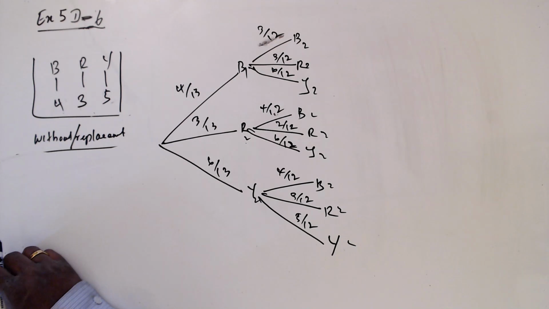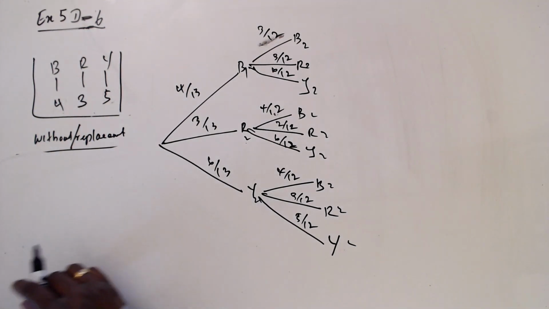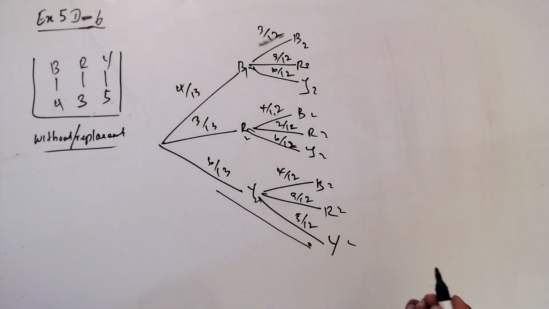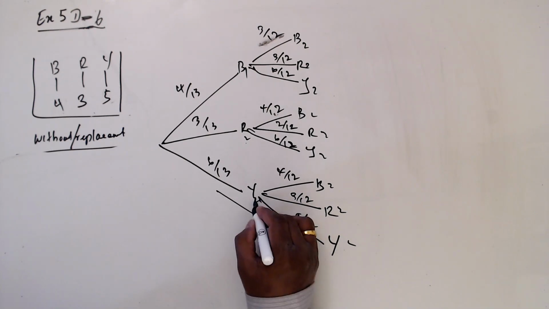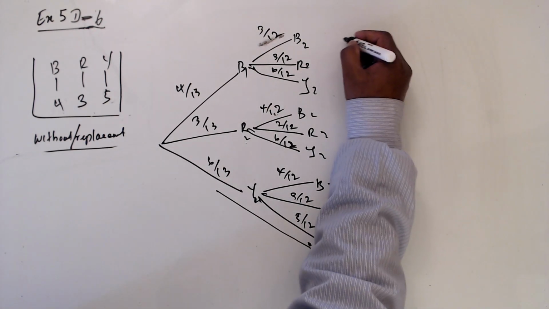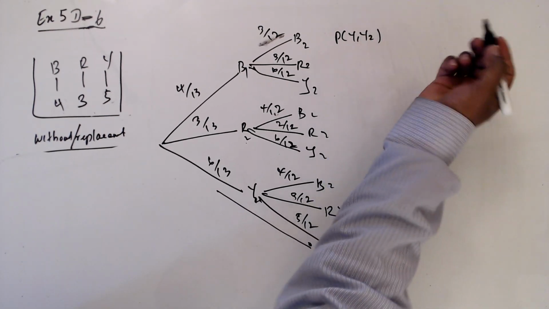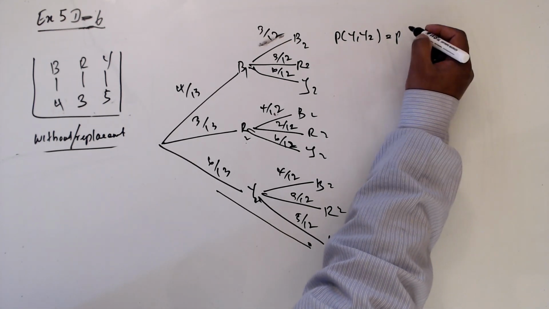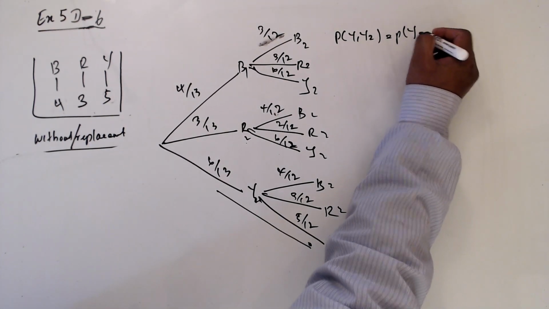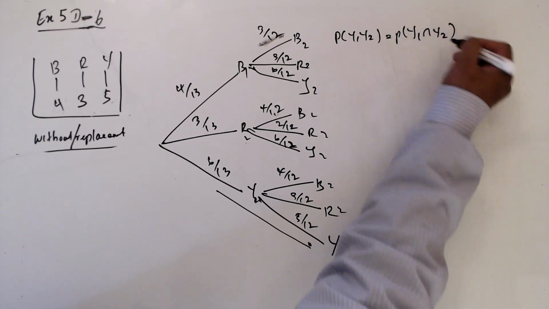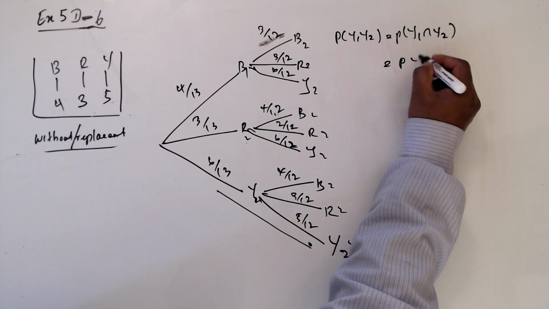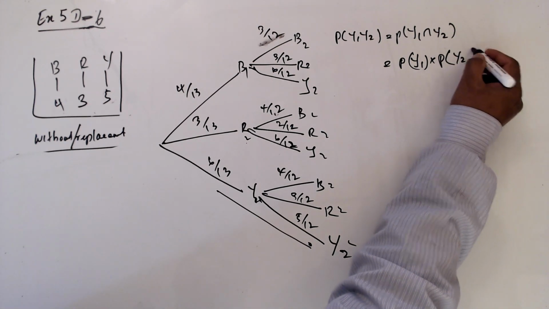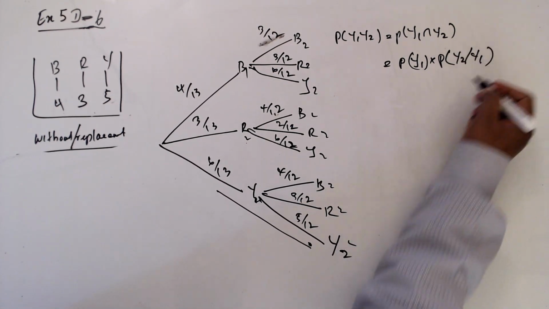Now the first question is both tokens are yellow. So both tokens are yellow is this one. This is Y1, Y2. The probability of Y1 and Y2 is equal to the probability of Y1 multiplied by the probability of Y2 given Y1 from the first taking.